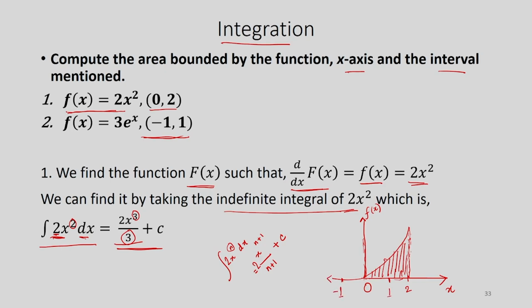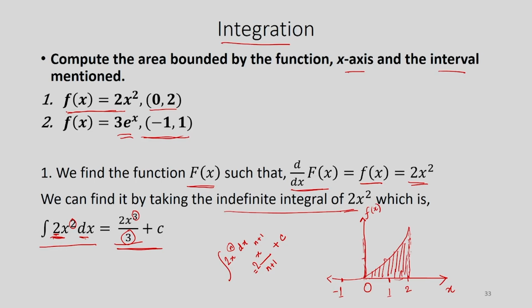And how does this function look? This is a different function, 3 e to the power x. This function is not starting from the origin, because if you put x equal to 0 here, then e to the power 0 is 1. So, at 0 the function is taking the value 3.